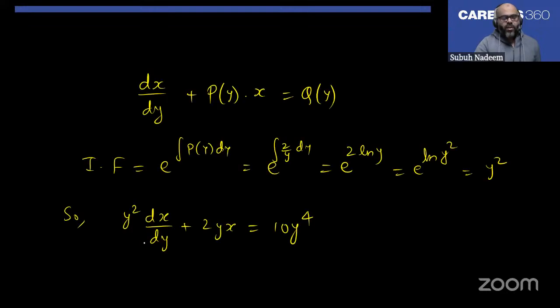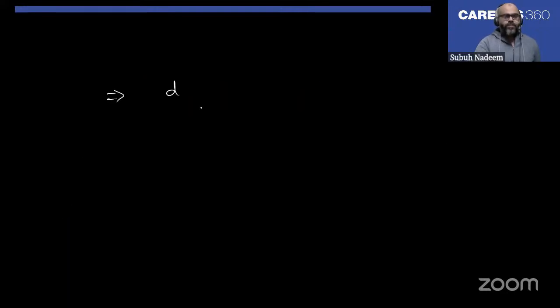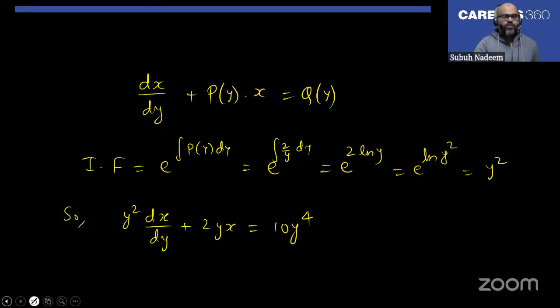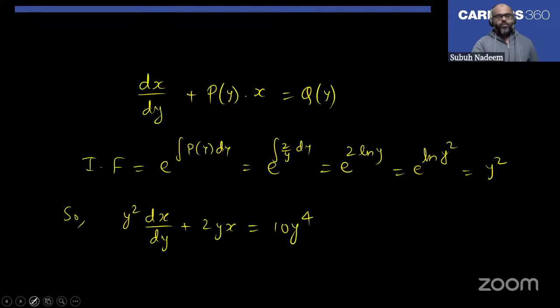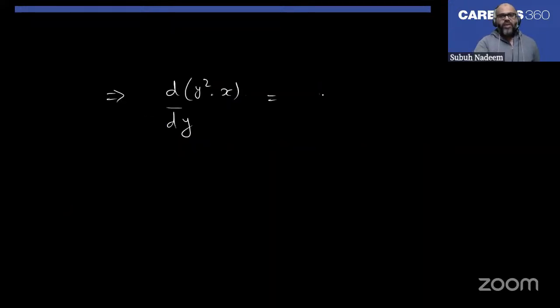Now we can write it as the derivative of y square into x with respect to y is equal to 10y to the power 4.